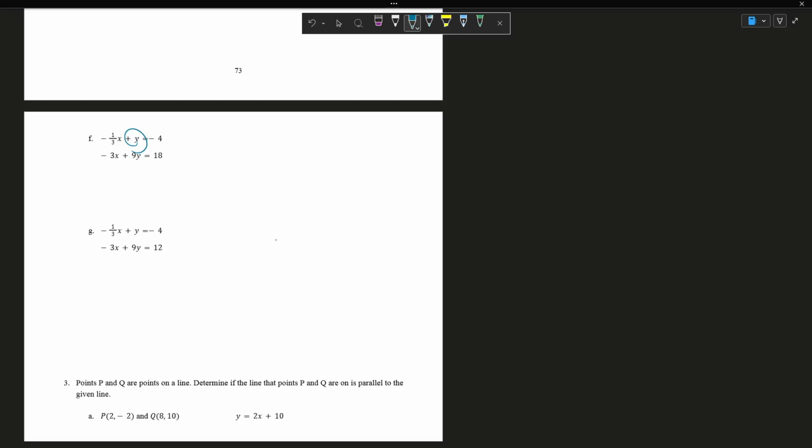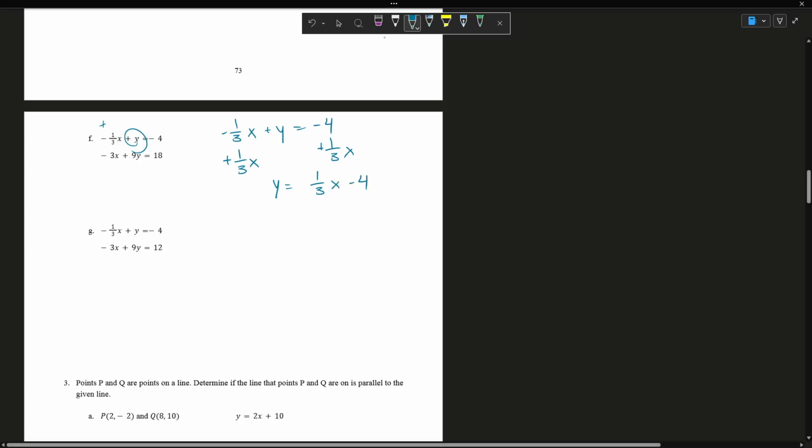So to get rid of -1/3 x, I need to add 1/3 x. -1/3 x plus y equals -4. That gives me y equals 1/3 x minus 4. And my slope, m equals 1/3.